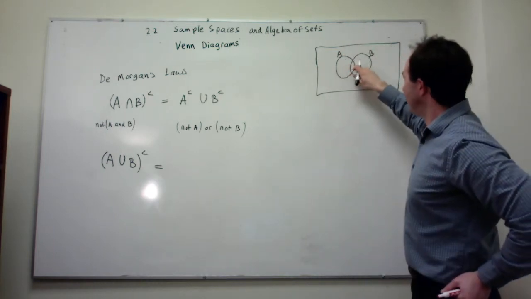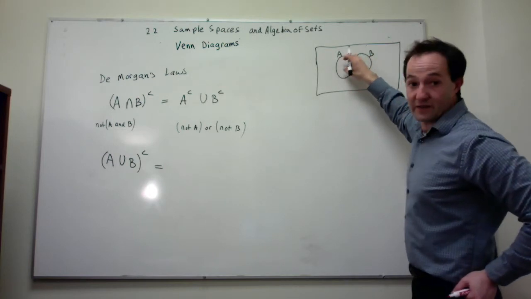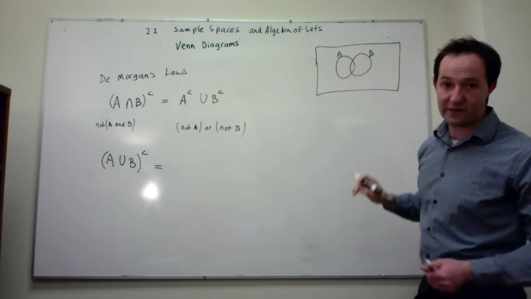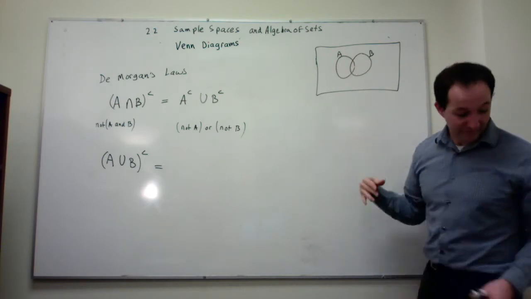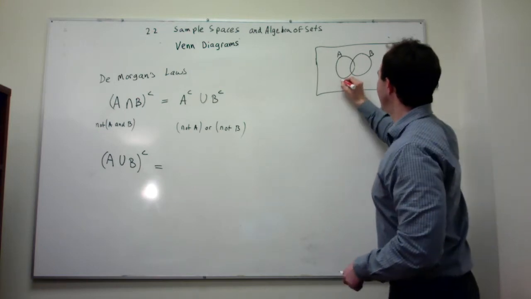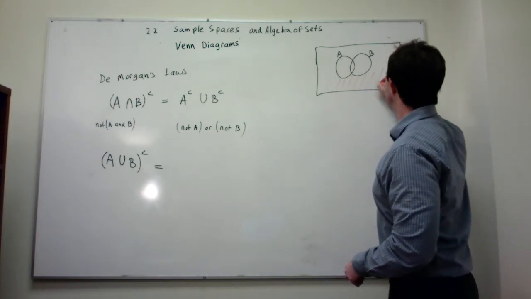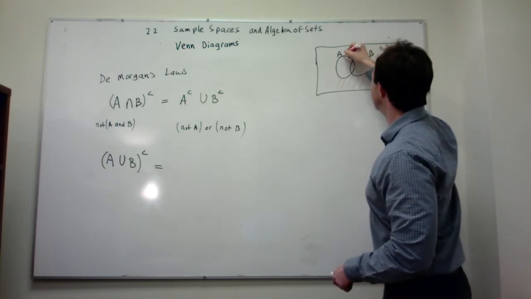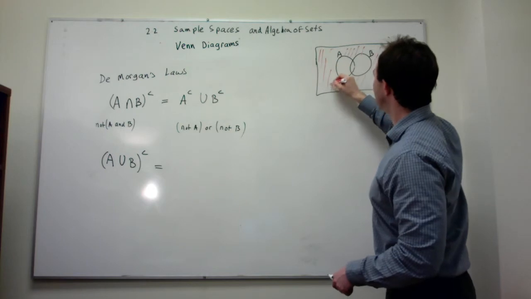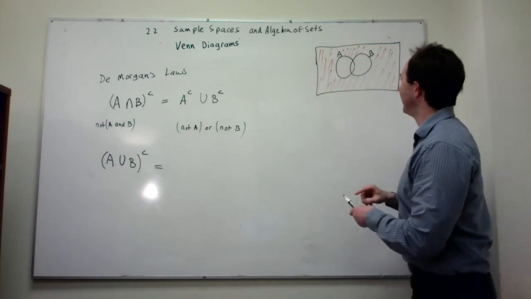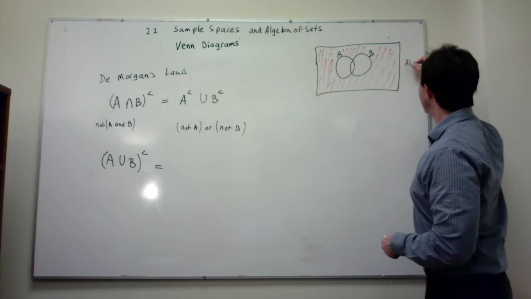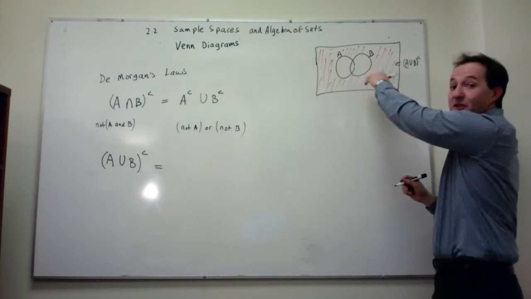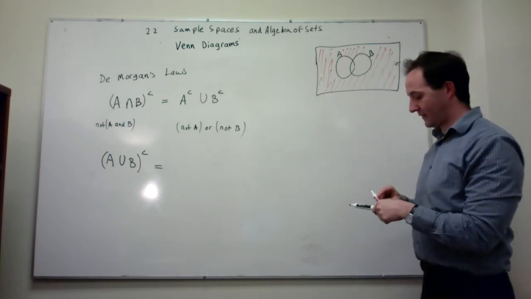A union B is the set where I'd fill in both this circle and the intersection as well. And the complement of that is everything outside. So this set here is A union B complement. Right? So the inside is A union B, and then the outside is A union B complement.